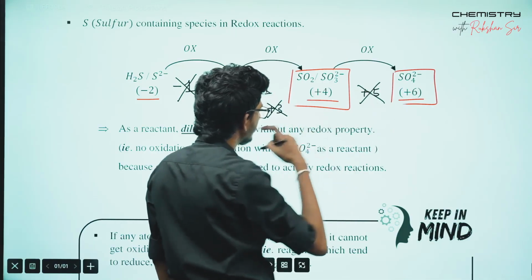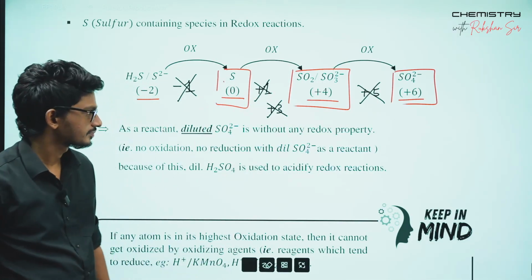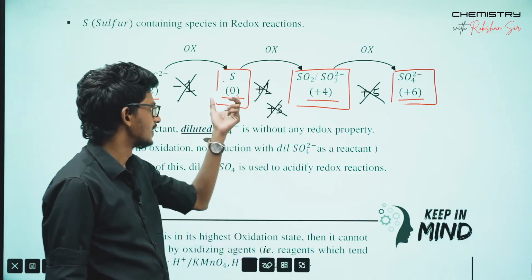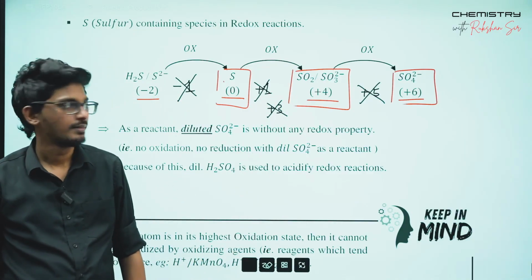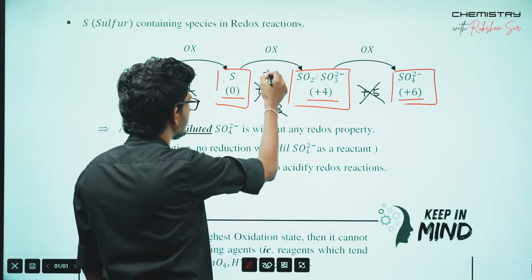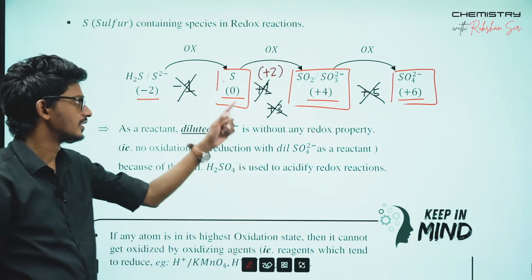So sulfur tends to form the even-numbered oxidation states. Keep that in mind. +2 is there, but we won't see it appear in chemical calculations.